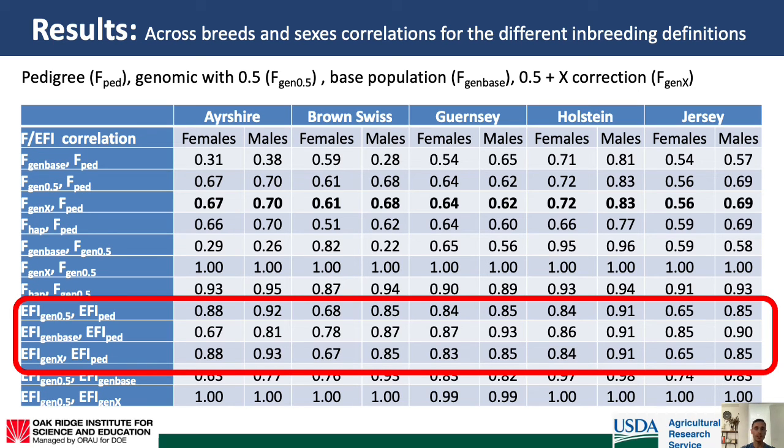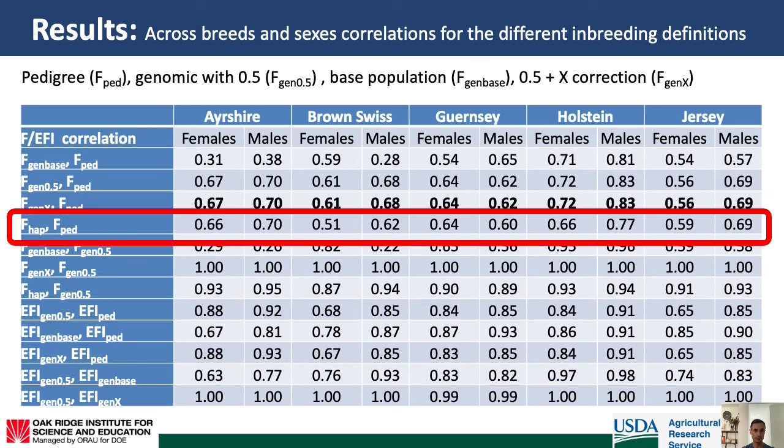Correlations with pedigree EFI were similar using either 0.5, base population, or the X corrected EFI, and were all around 0.84. The correlations between haplotype and pedigree inbreeding were not higher compared with the rest of the genomic inbreeding values that we computed.